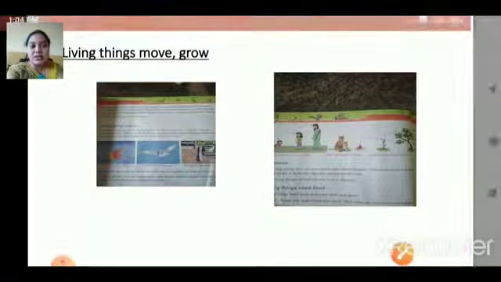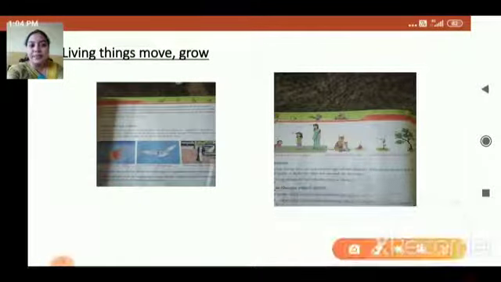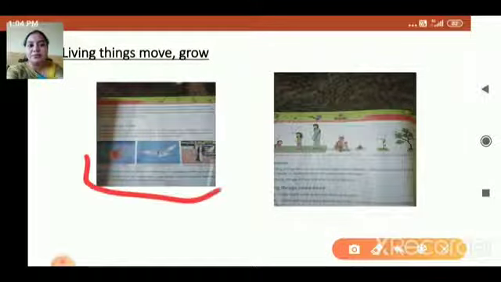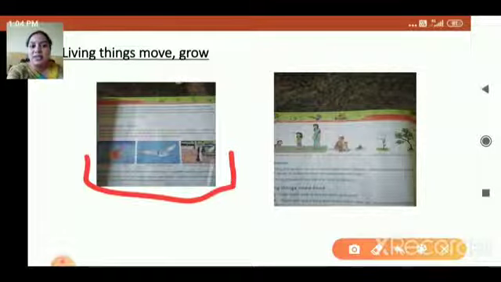Here you can see on the left hand side the birds, the fishes, and the humans moving around. They have the tendency to move around, and they will definitely grow over a period of time. Whereas on the right hand side, you can see the growth process happening for human beings and plants.